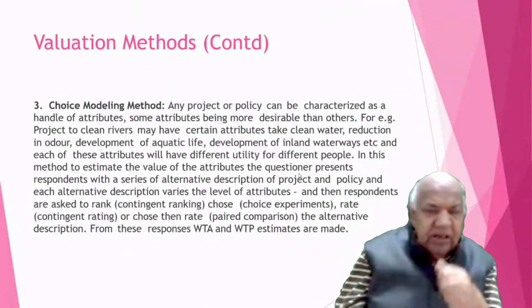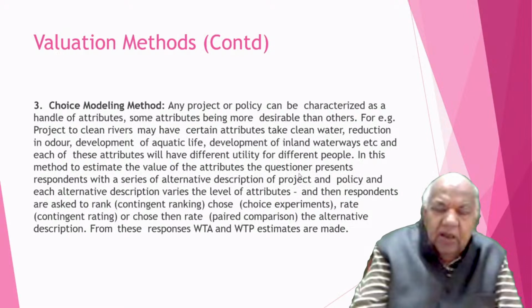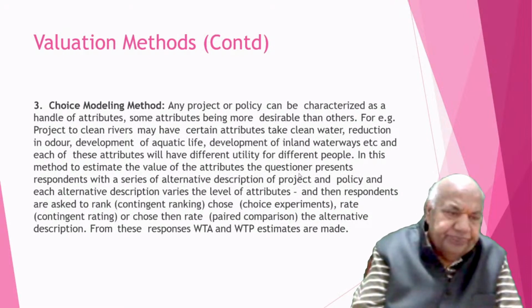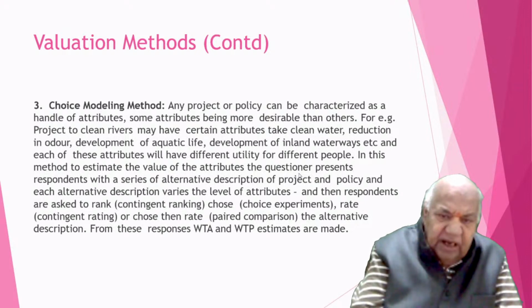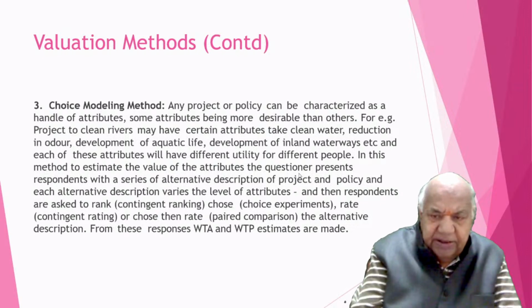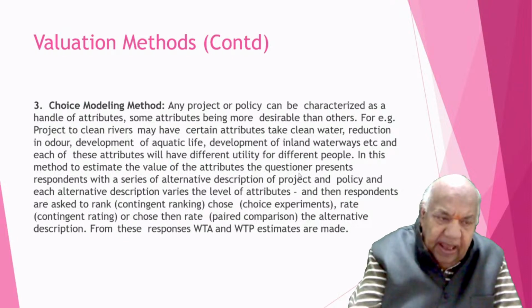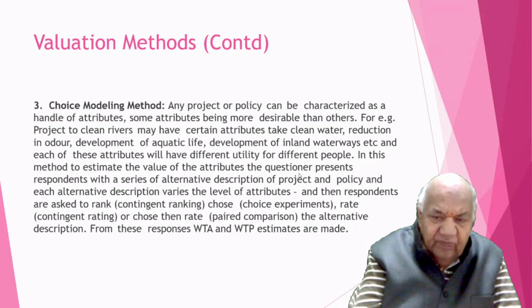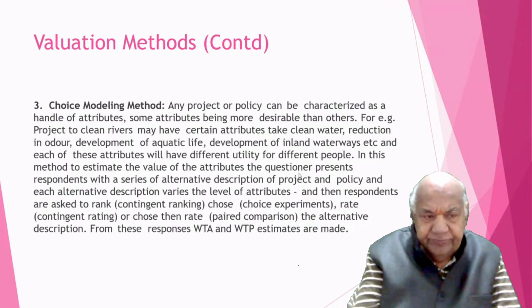And each of these attributes will have different utility for different people. In this method to estimate the value of the attributes, the questionnaire presents respondents with a series of alternative descriptions of project and policy, and each alternative description varies the level of attributes.